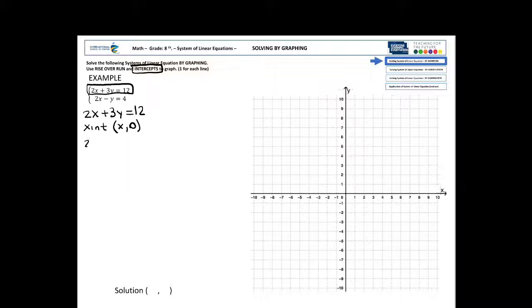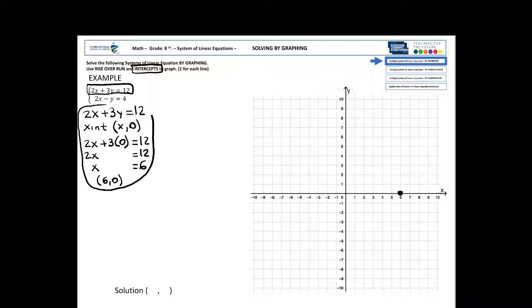We get 2x plus 3 times 0 equals 12. 3 times 0 because y is 0. Now I have 2x equals 12. 3 times 0 disappears because 3 times 0 is nothing. And dividing these two sides by 2, x is going to be 6. So the first point is 6 and 0. So the x-intercept is 6 and 0.